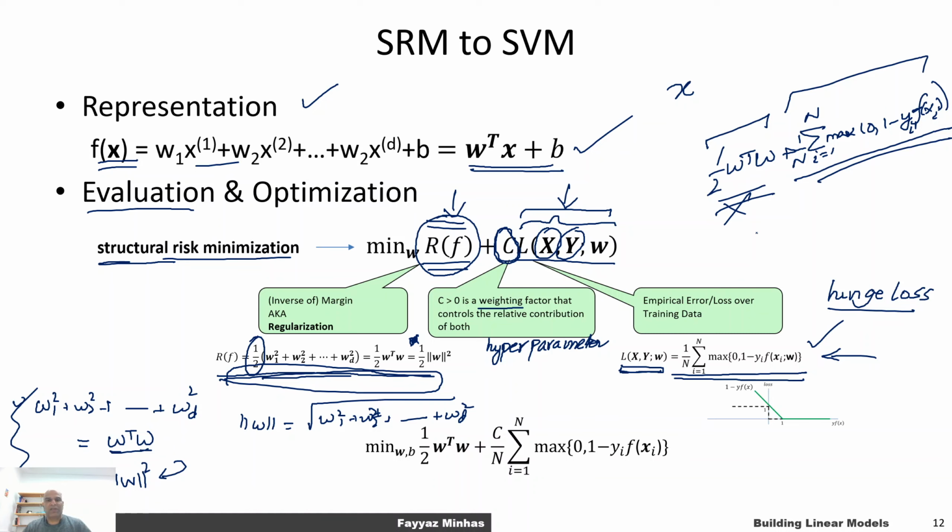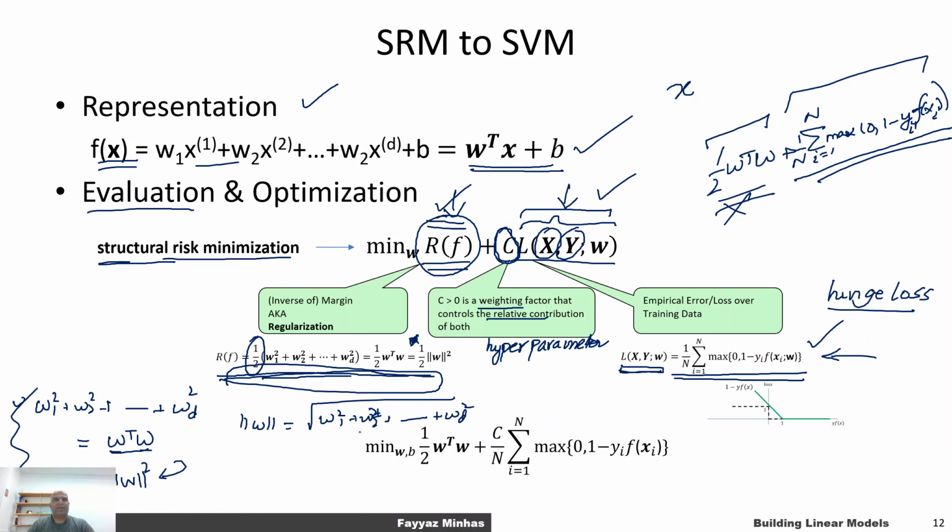If I don't want to give any importance to the regularization, I would set a very large value of C. If I want to put a lot of emphasis on regularization, then I'm going to give a very small value of C. Okay, so those are the two. That is the effective role of this parameter C. It controls the relative contribution of this regularization term or this error term.